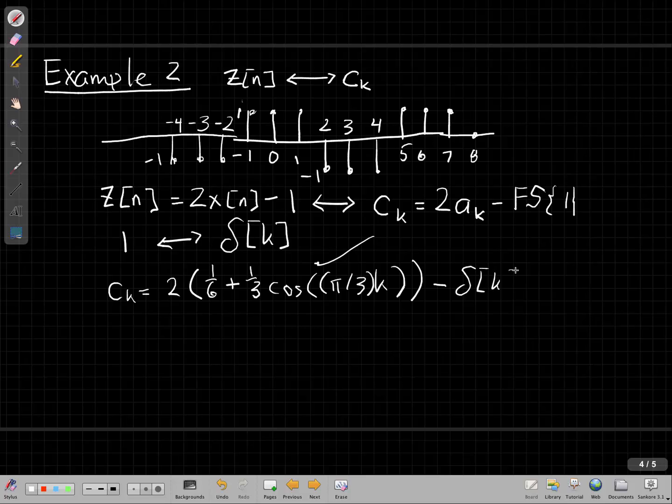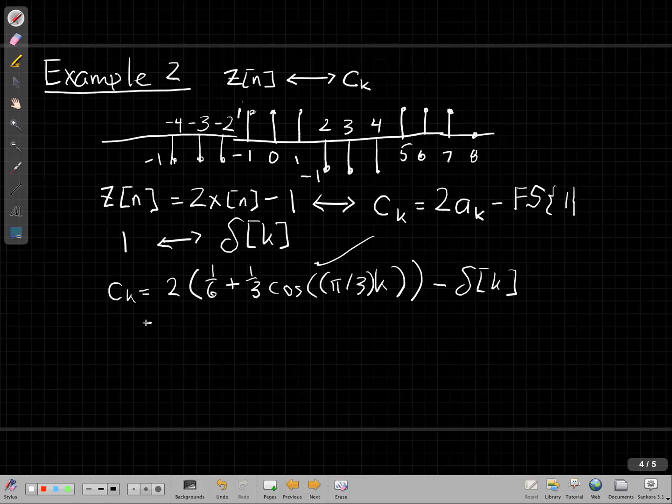So it means I subtract 1 from the k equals 0 value. That is much more simple than going through all the sums and everything. So that's the payoff to mastering the Fourier series properties: if I get a new signal, and I can figure out how to build it out of signals I already know the Fourier series for, like constants and the square wave I already have, I can quickly find the answer.